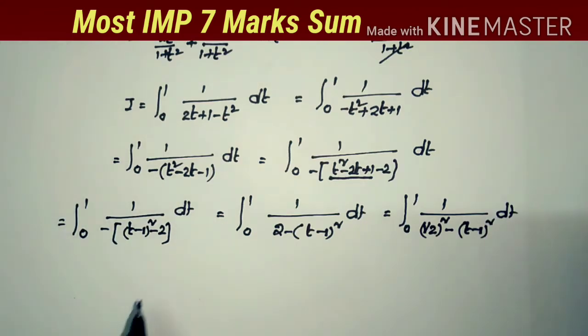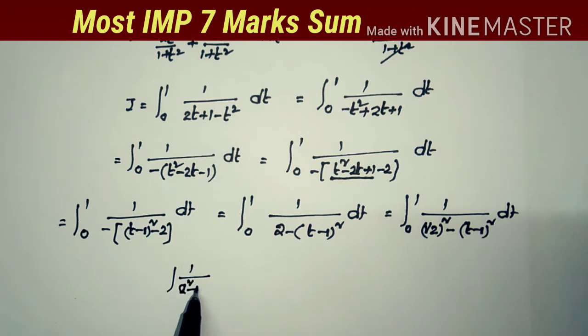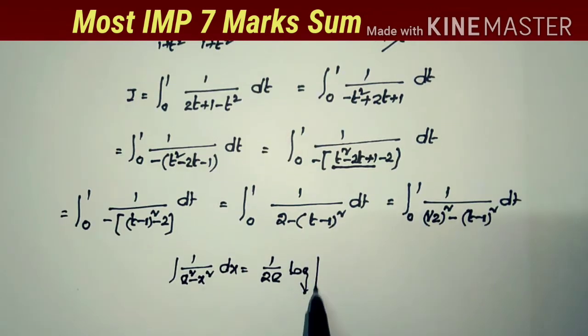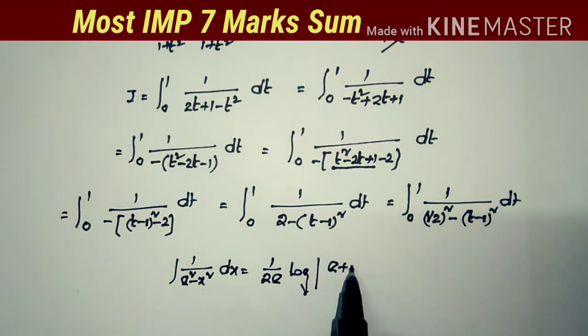Now clearly this is in the form of the integral of 1 by a square minus x square. So the integral of 1 by (a square minus x square) dx equals the formula 1 by 2a log of (a plus x) by (a minus x).